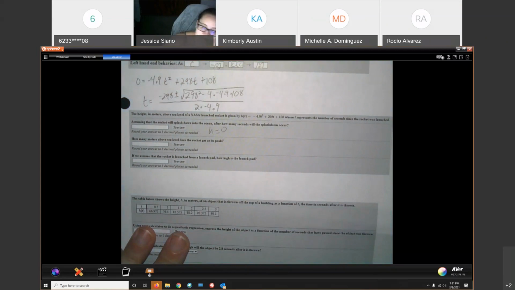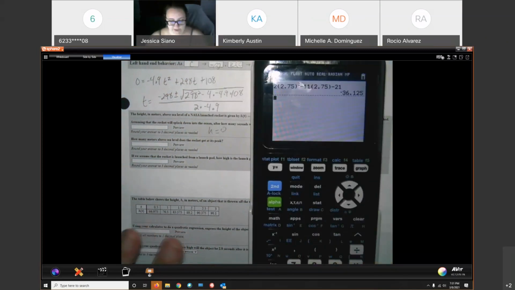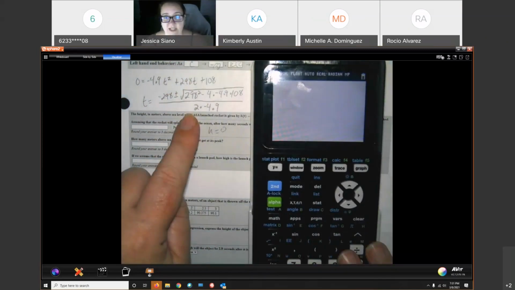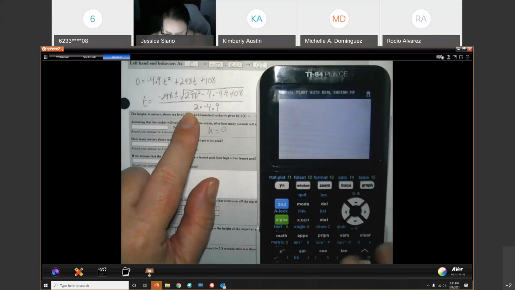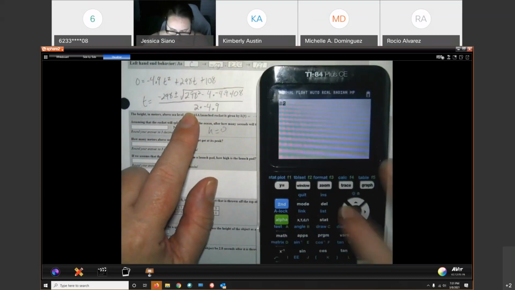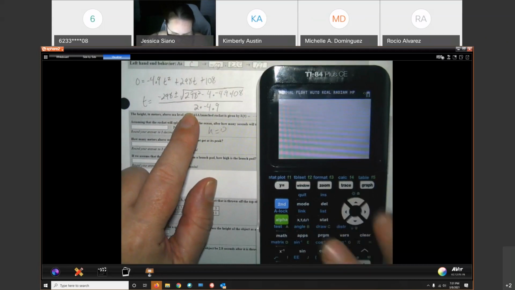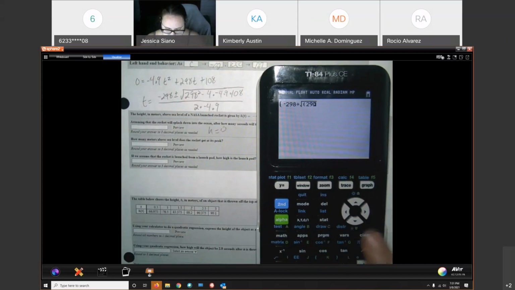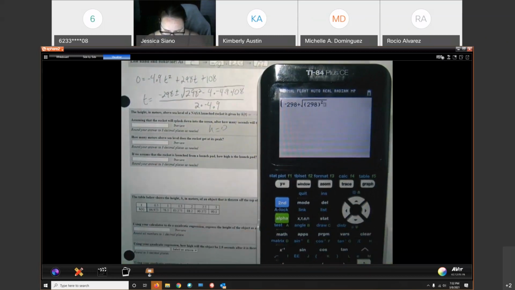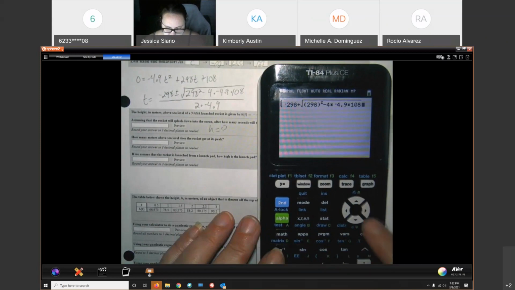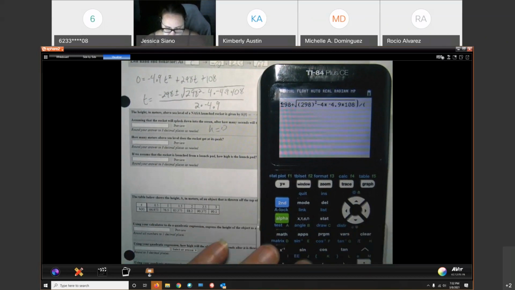And now I'm just going to plug into my calculator, honestly. So the numerator and denominator each need their own parentheses. So this would be 298 plus the square root of 298 squared minus 4 times negative 4.9 times 108, divided by 2 times negative 4.9.